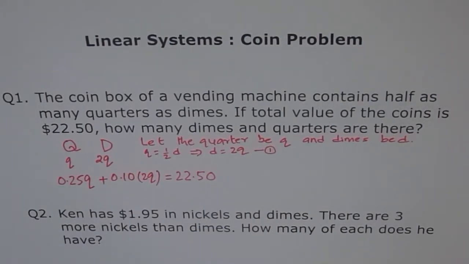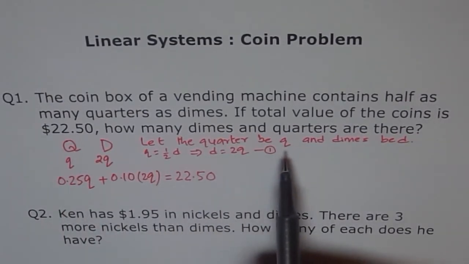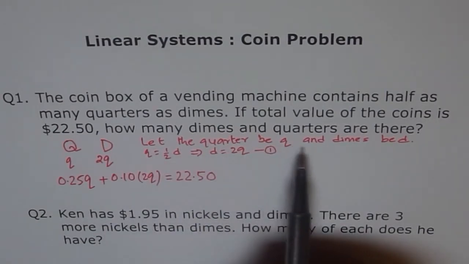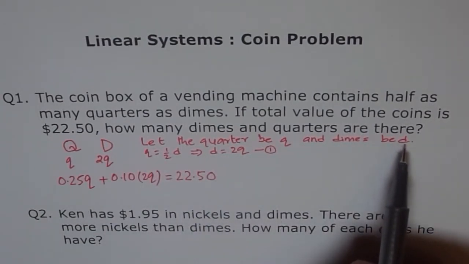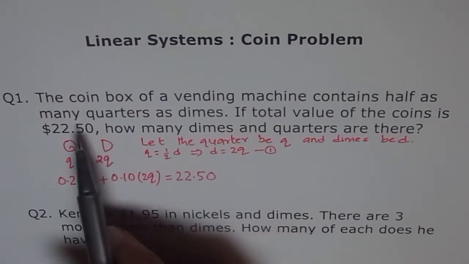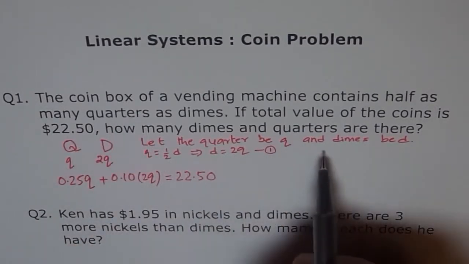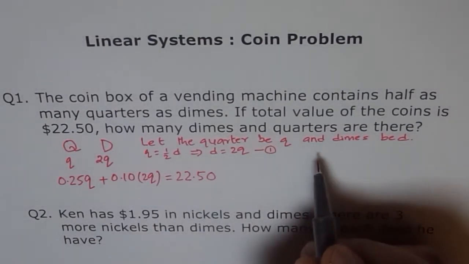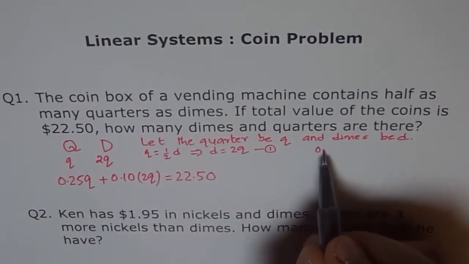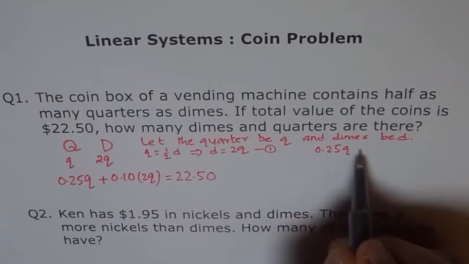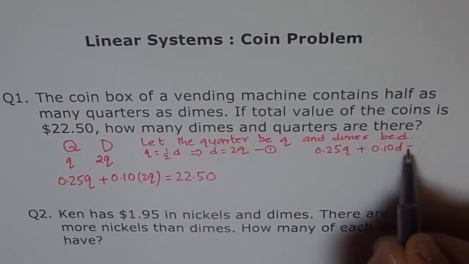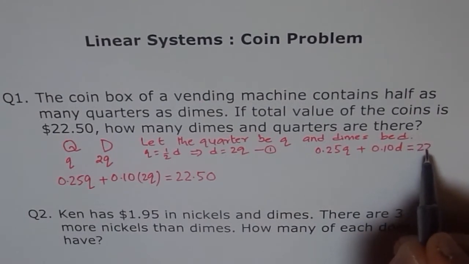Correct? Now, in general, if you go that way, then how will you write it? You'll say, let the quarters be Q and dimes be D. In that case, quarters equals half of D, which we got from here, but you could have made a second equation like this. If quarters are Q and dimes are D, then the value will be 0.25 Q plus 0.10 D, and that value equals 2250.